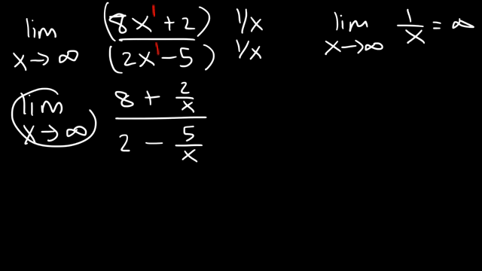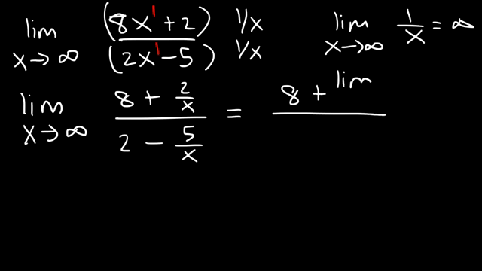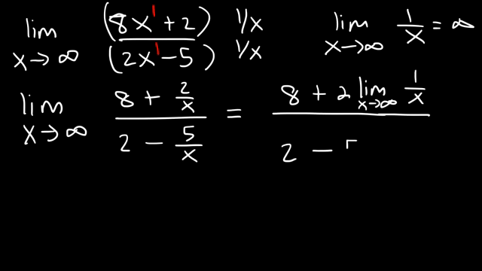So I'm going to distribute the limit expression. So now I'm going to have 8 plus, I'm going to take out the 2, 2 times the limit as x approaches infinity of 1 over x. And on the bottom, I'm going to have 2 minus 5 times the limit as x approaches infinity of 1 over x.